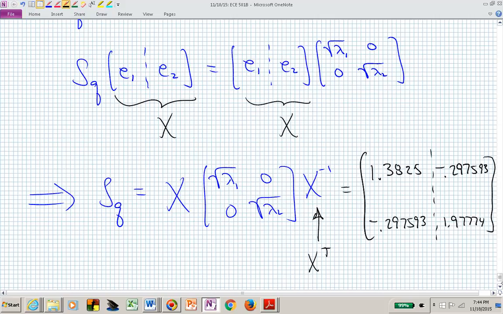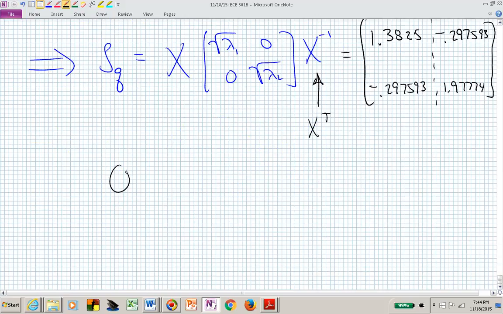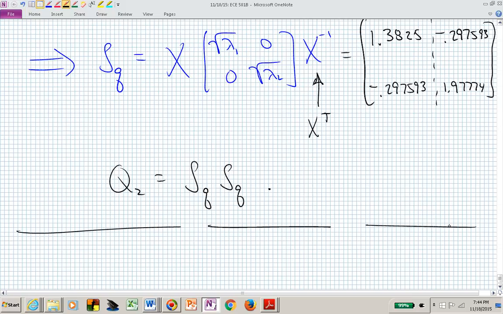And in fact, now we have created this square root of Q sub 2. If you were to combine S sub Q with itself, or multiply that together, you would end up with the original positive matrix Q sub 2 as an answer.